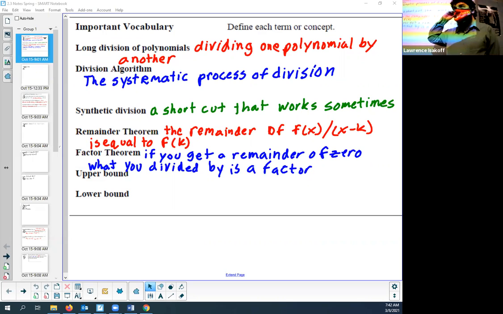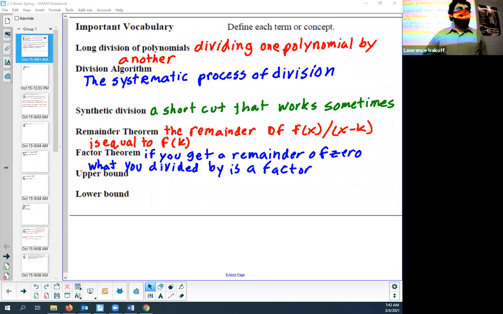The remainder theorem says that if you're dividing by x minus k, whatever the remainder is is what you would get if you plugged in the value k. Formally, the remainder of f of x divided by x minus k is equal to f of k. This becomes really useful. Say I have a polynomial with really high powers, like fifth or sixth power, and I'm trying to plug in a number like 8.